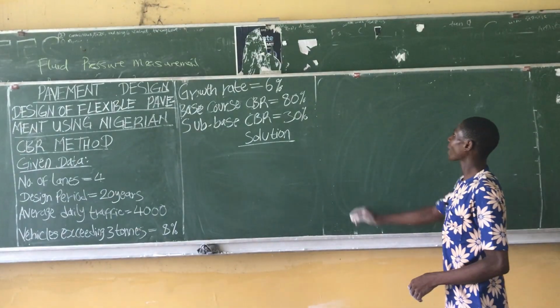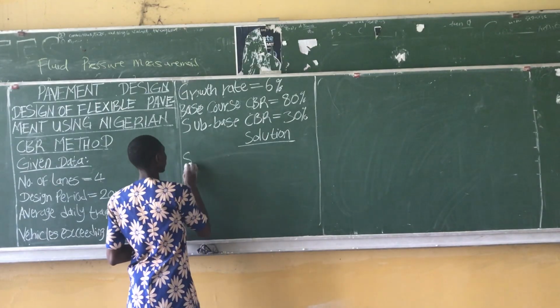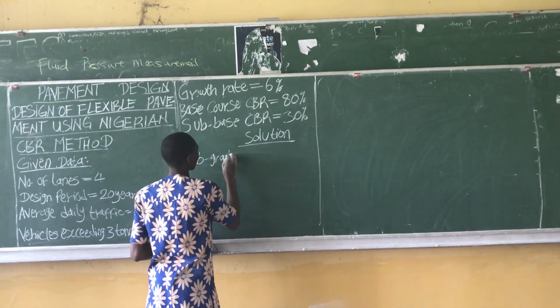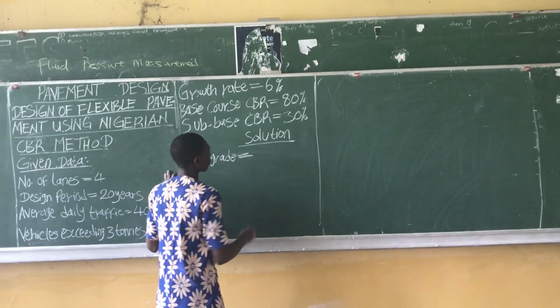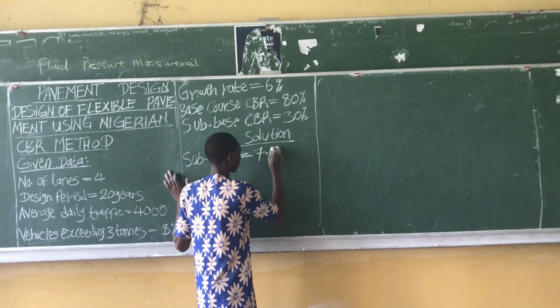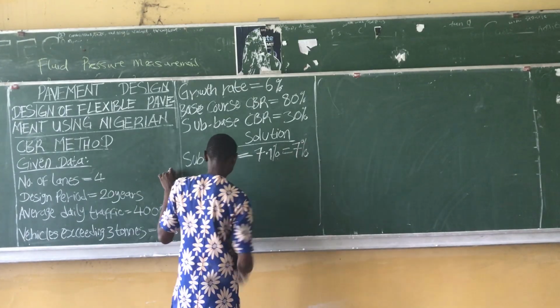Okay, so from our calculations, we have our natural subgrade CBR equal to 7.1%, which is approximately 7%.